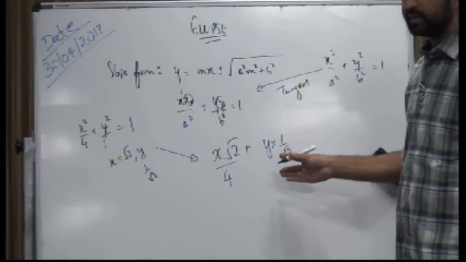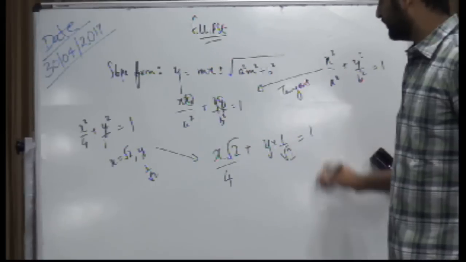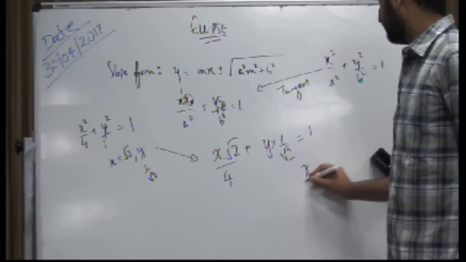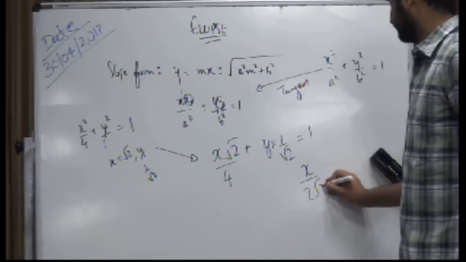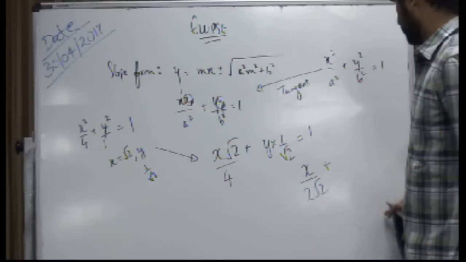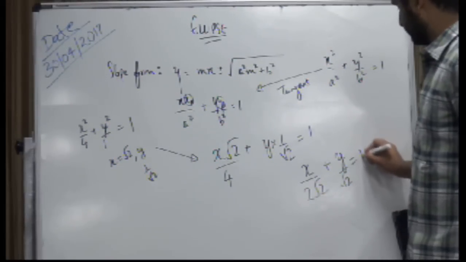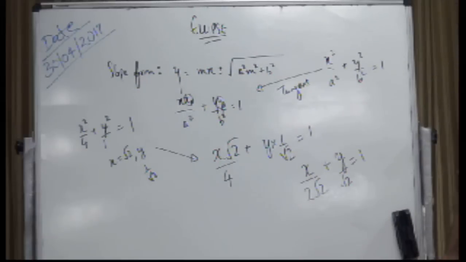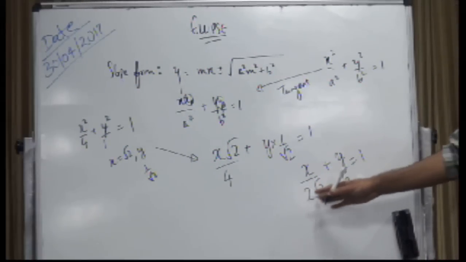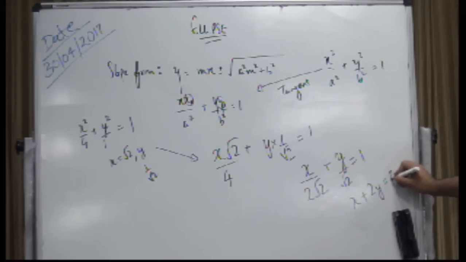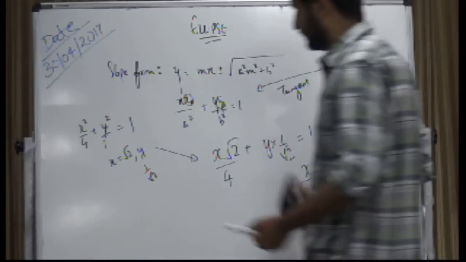The value of b square is 1 and this will be equal to 1. Okay. So x upon 2 root 2 plus y upon root 2 is equal to 1. This will be the equation. You can take the LCM 2 root 2. This will become 2y. So you will get x plus 2y is equal to 2 root 2.